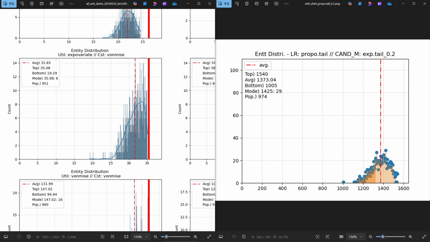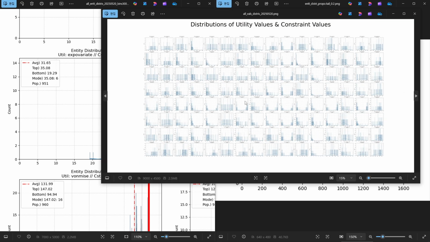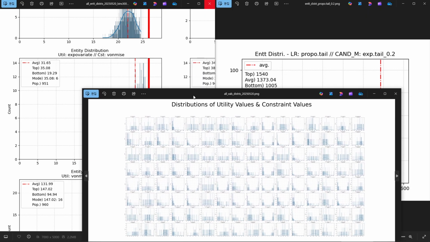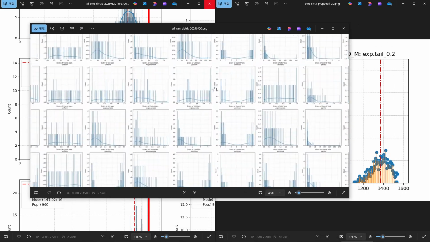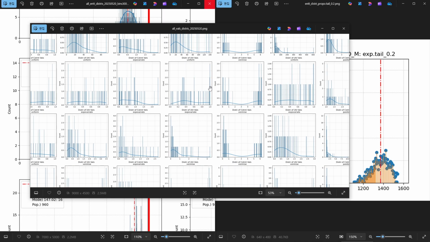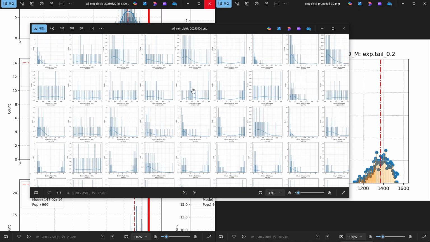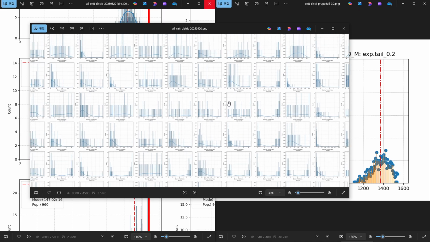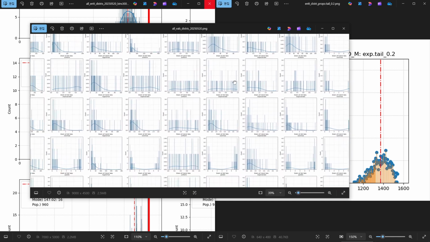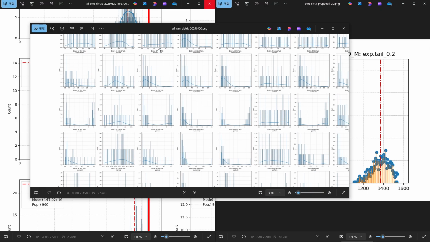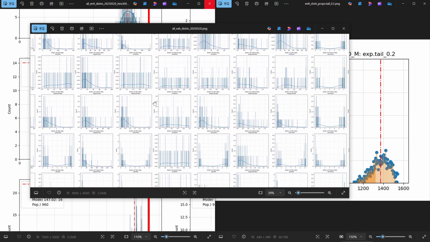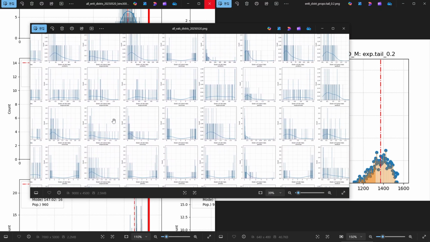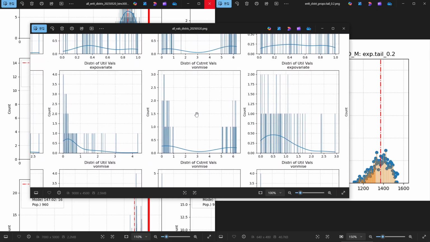Folks, let me just look at the distributions. Exponential, von Mises. No, which line is that? Either 1, 2, 3, 4. There we go.